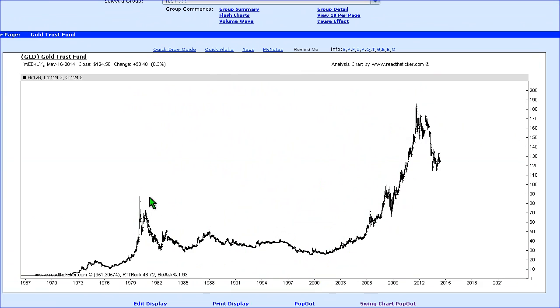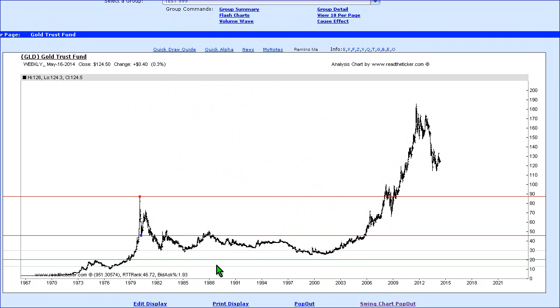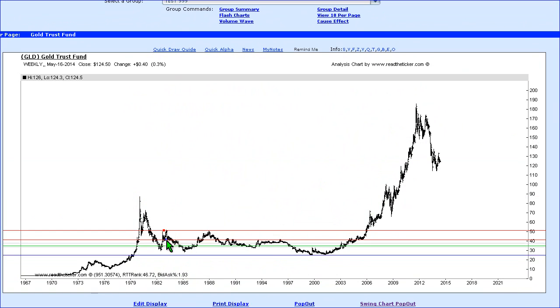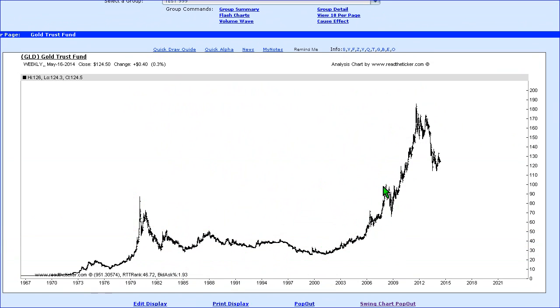If we look at the corrections, the impulsive wave of the first correction, we'll take a point here and go down to the first end of the impulsive wave, and we find that price holds pretty steady at the 38, barely goes down to the 61.8. That's pretty bullish.